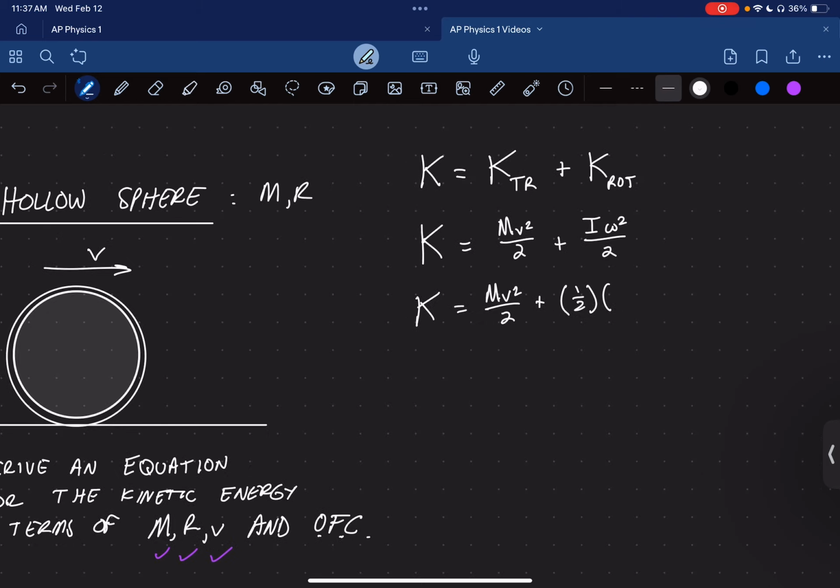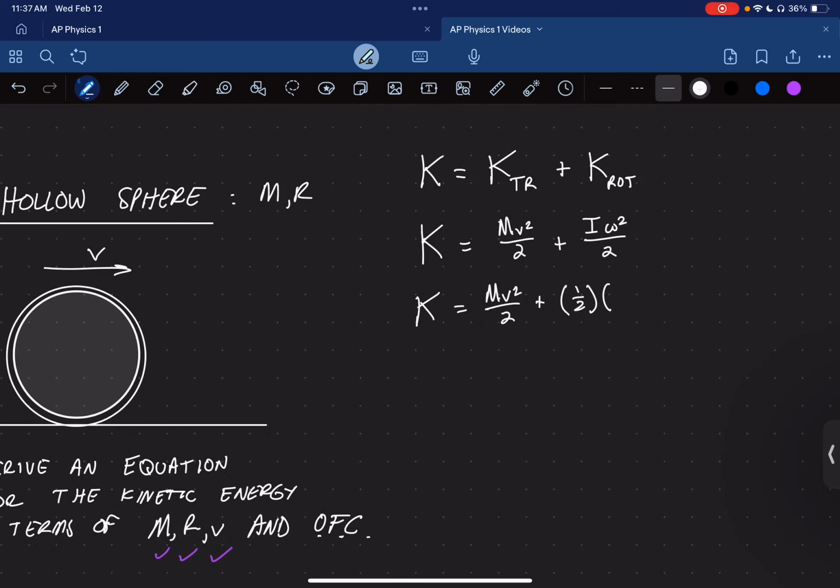Let me zoom in here. And omega, we can't leave it as omega squared, but in our notes, we have this relationship that v is equal to r omega.